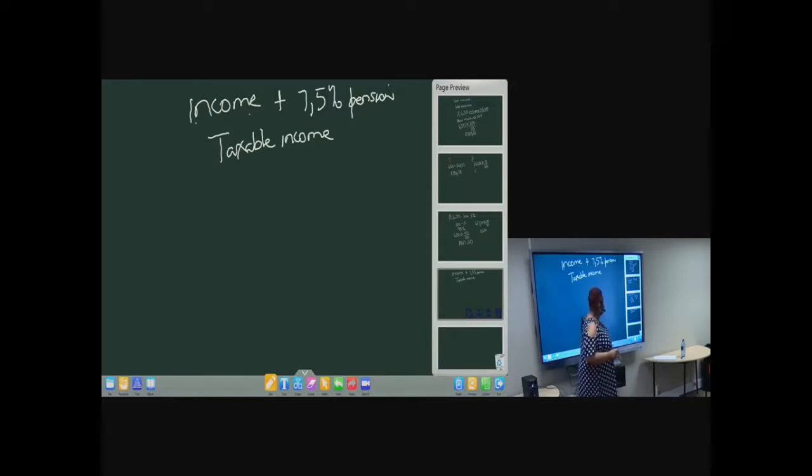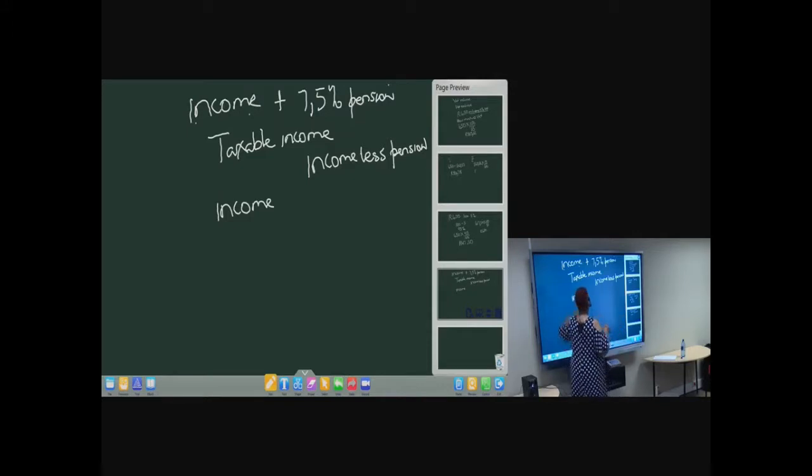what I was explaining about percentage decrease is exactly what you will do when you are calculating the taxable income, because the taxable income is supposed to be your income less your pension. The pension is 7.5%, and I told you that when you are decreasing with a percentage, you subtract the percentage you are decreasing with from 100.